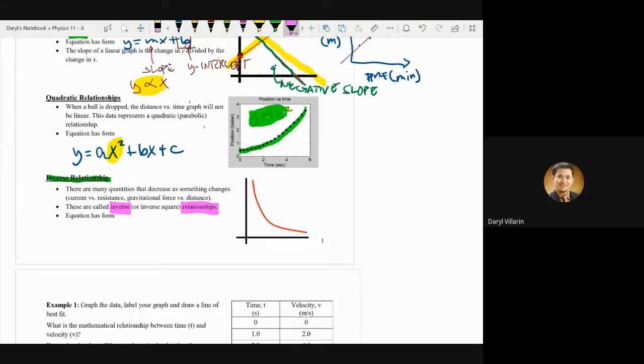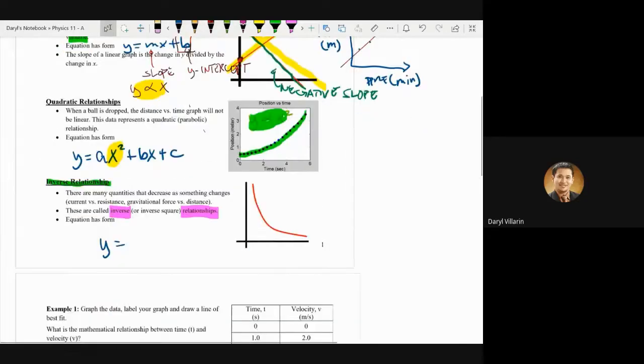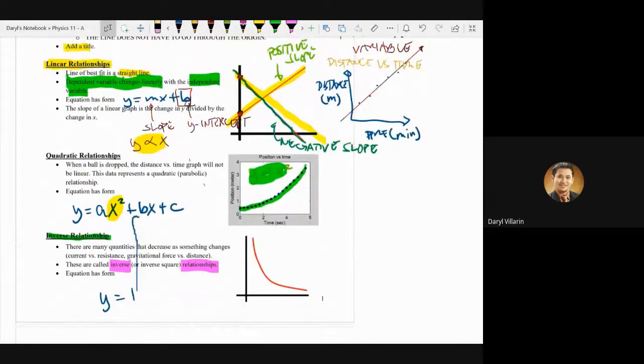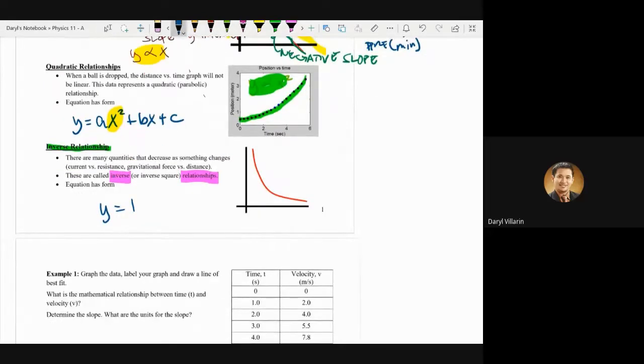So they exhibit inverse relationships, and the equation is given by y is equal to k over x. Or, if you state the relationship, y is inversely proportional to x, or y is proportional to 1 over x.